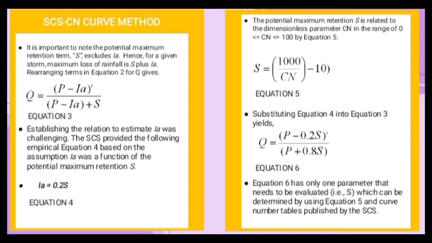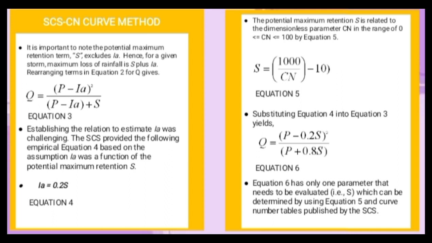Establishing the relation to estimate IA was challenging. The SCS provided the following empirical equation, based on the assumption that IA was a function of the potential maximum retention S: IA equals 0.2 S. The potential maximum retention S is related to the dimensionless parameter CN, in the range of 0 less than or equal to CN less than or equal to 100, by equation 5.